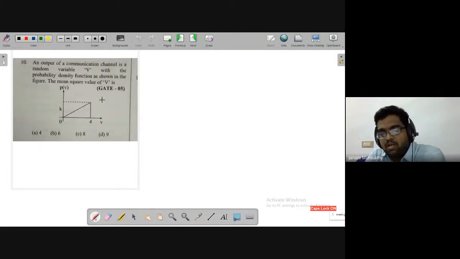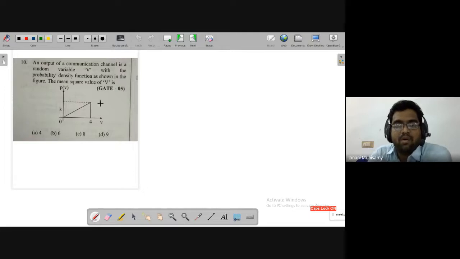In general, you know the mean square value for standard functions, such as uniform distribution or normal distribution. For a standard function, the formulas are already there. But here, this is a new function. So you should know the regular formula for mean square value. What is the mean square value?